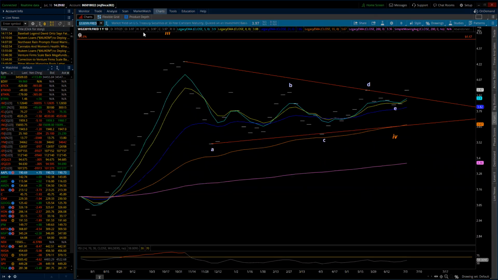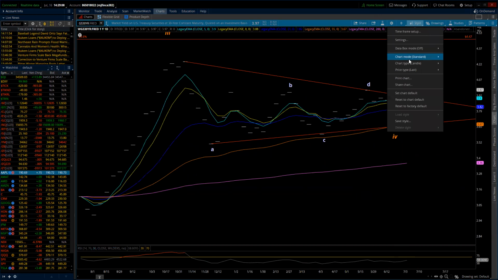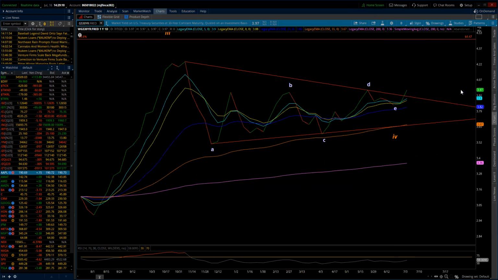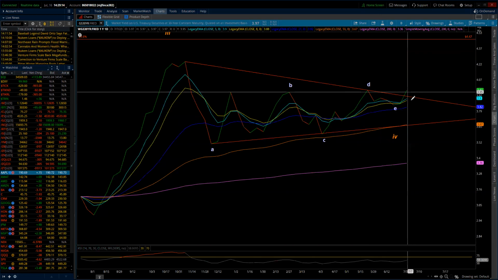This is just the market yield on U.S. Treasury securities at a 30-year constant maturity, right? So I need to put this back over into my closing basis because that's really how this is reported. We don't get that intraday move. So you can see that that finish is 3.97, just below 4%.